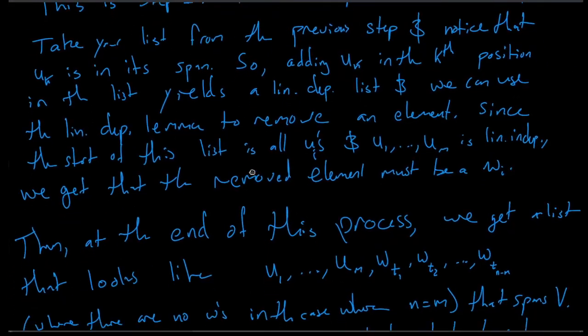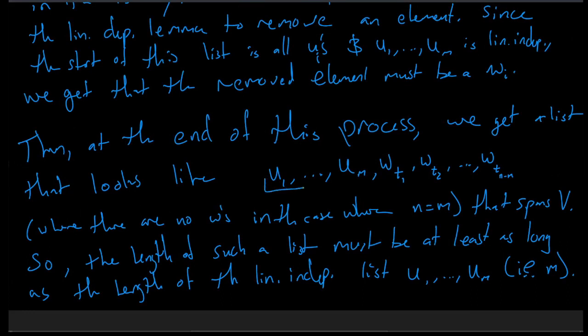And we keep going like this until we've put the entire linearly independent list at the beginning. Cool. We still have a spanning list. And the best part is we've shown that this spanning list has to be at least as long as our linearly independent list. Nice. All right, let's keep going.